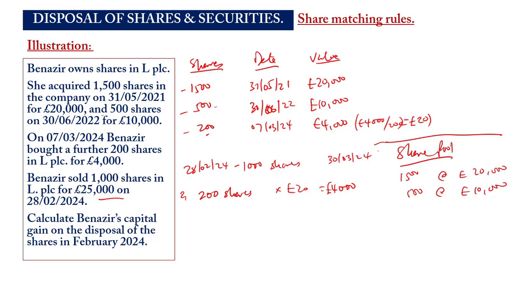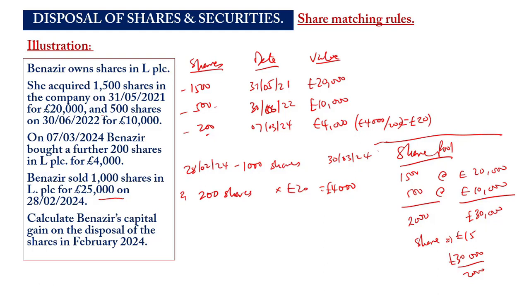So the total number of shares in the pool will be 2,000 shares, and the total value will be 30,000 pounds. So each share value will be 30,000 divided by 2,000, which is 15.